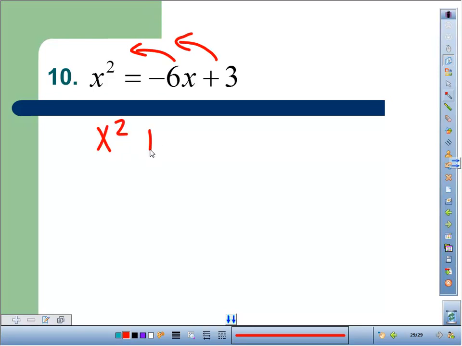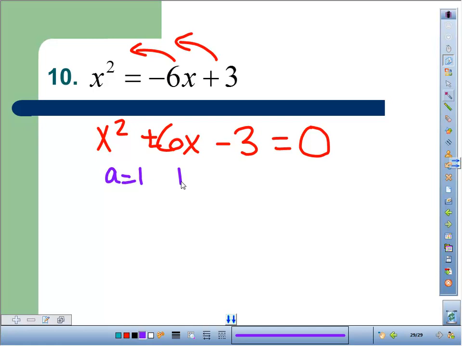So x squared plus 6x minus 3 equals 0. This does not factor. I can't factor this. If you can't factor it, the only way we can solve a quadratic equation that cannot be factored is either by square roots or the quadratic formula. Can I just do square roots on this one? No, because it has this middle term, this x term. We can't do that. So we have to use the quadratic formula.